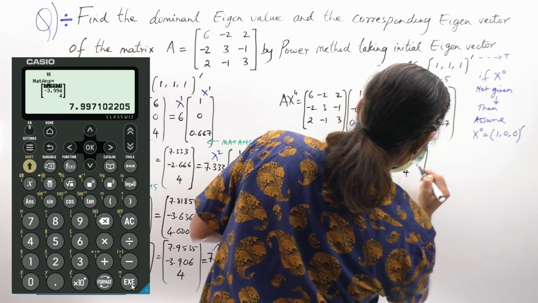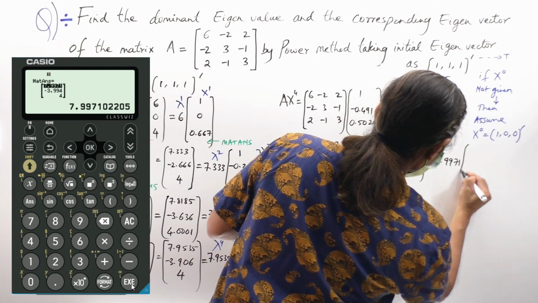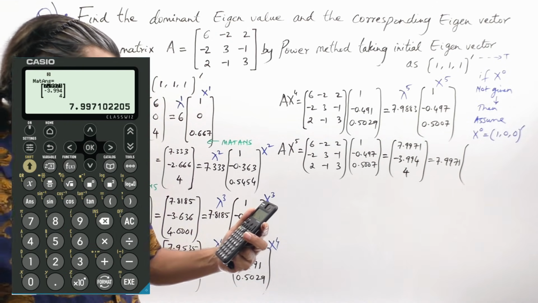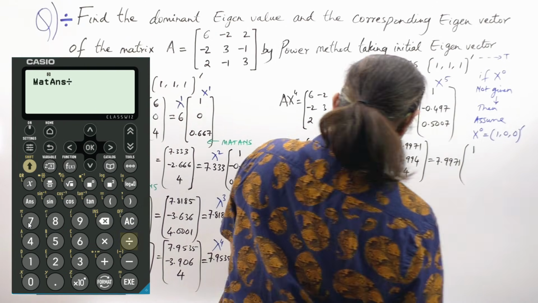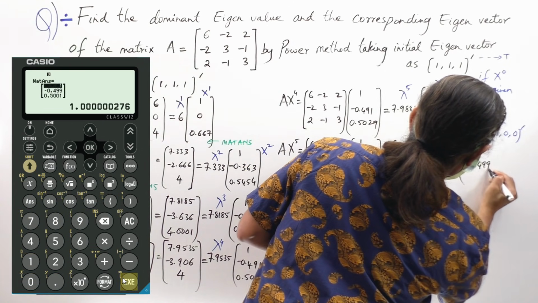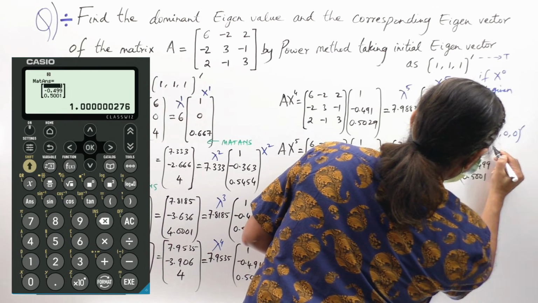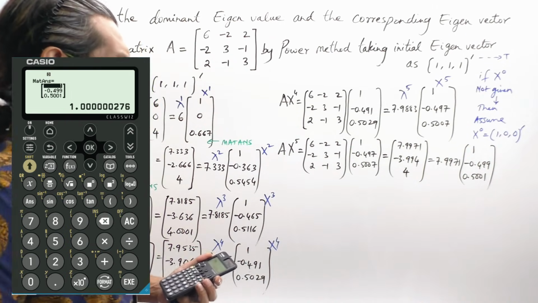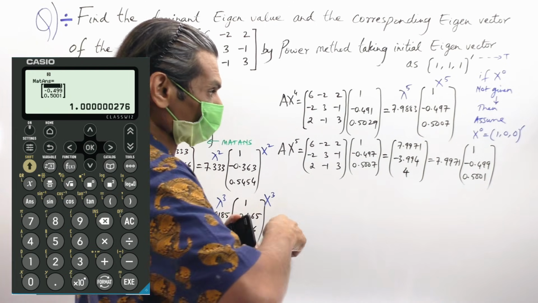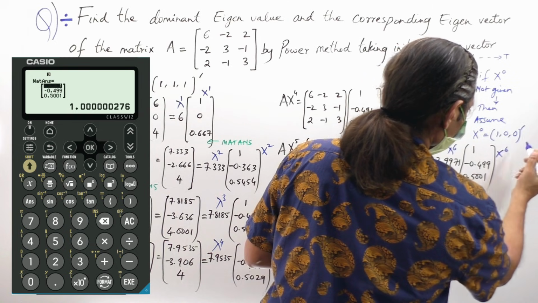So the highest value is 7.9971. So let's divide by that. So divide by 7.9971 is equal to, so 1 minus 0.499 and 0.5001. Yeah, so we are getting our new eigenvalue and eigenvector. Okay, this is lambda 6 and x6.